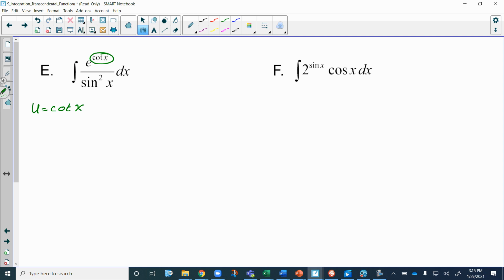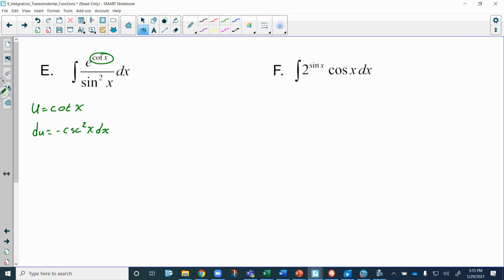So here in this case, du, the derivative of cotangent of x, is going to be negative cosecant squared of x dx. And as you can see right now, negative cosecant isn't present in the original integrand.